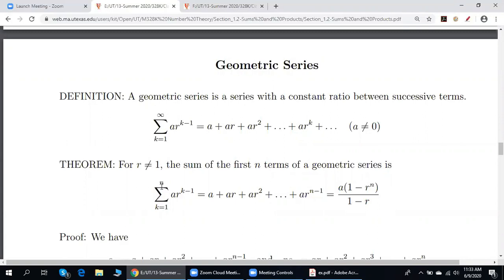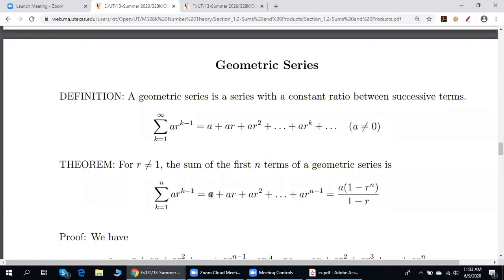The sum over k from 1 to n of a times r to the power k minus 1, which in expanded form is a. Indeed, if k is equal to 1, we raise r to the 0 power. So the r component disappears because r to the 0 power is 1.